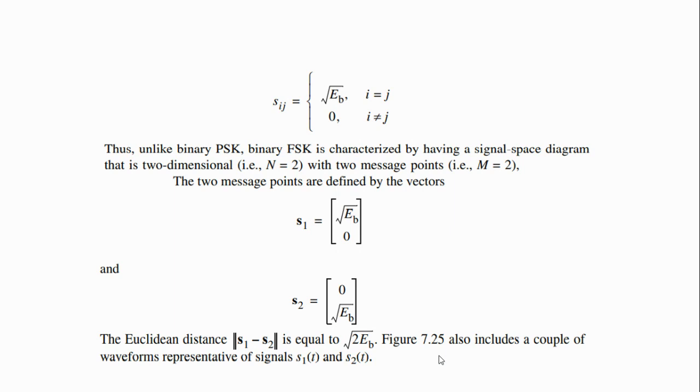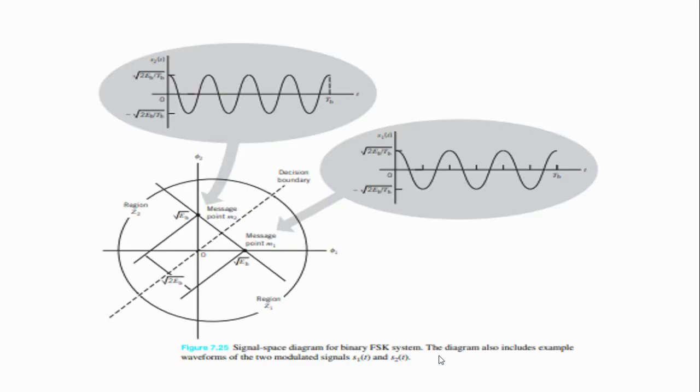The two message points are defined in vector form as S1 equal to square root of Eb comma 0, and S2 equal to 0 comma square root of Eb. The Euclidean distance, S1 minus S2, is equal to square root of 2 Eb. And then we see the signal space diagram for the binary FSK system.